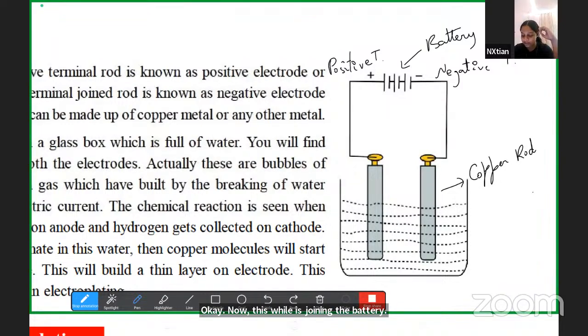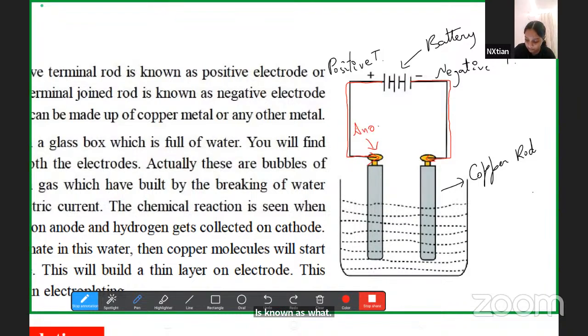So what's happening? This plus is joining with this battery, and this minus, that is the negative terminal, is being joined with this battery. So this point, which is joining the positive terminal, is known as what? Anode.